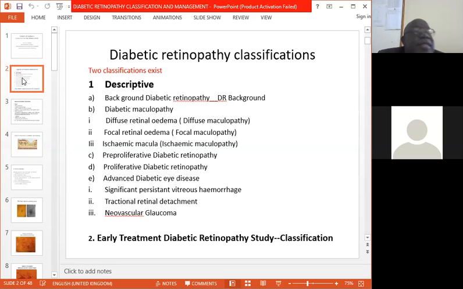Then you have got diabetic maculopathy, where the macula is affected. And you've got macula affected, diffuse retinal edema. You have focal retinal edema. You have ischemic macular edema, which we talked about yesterday when we looked at the macula.